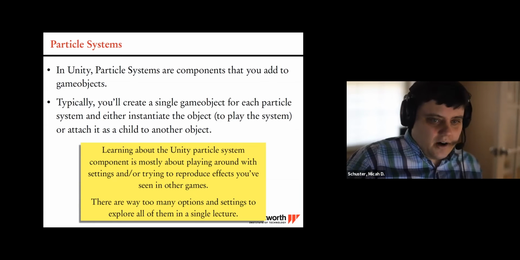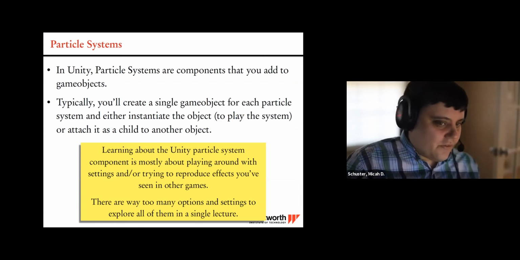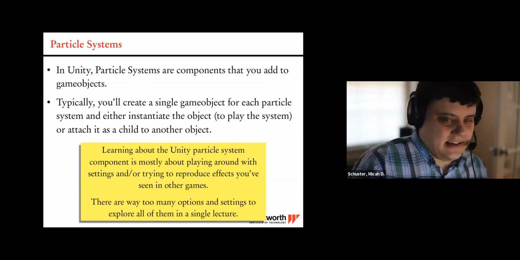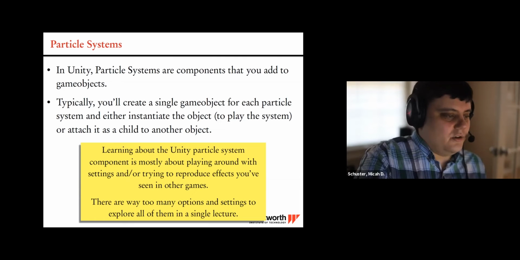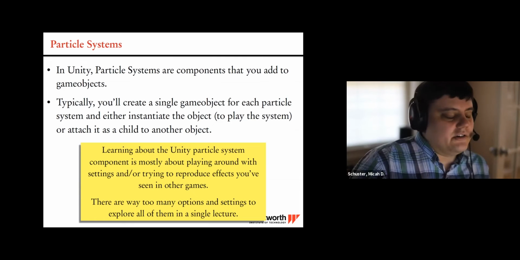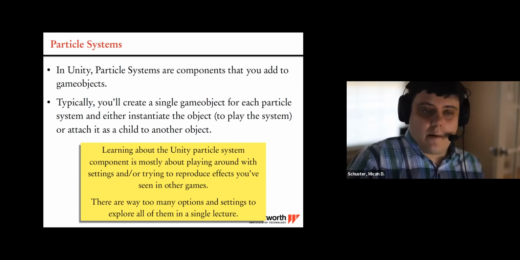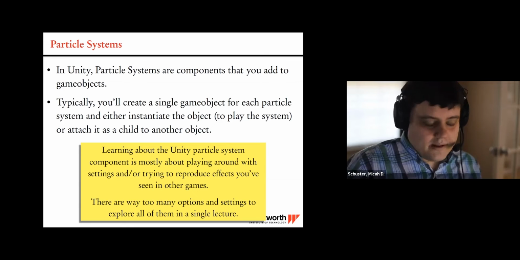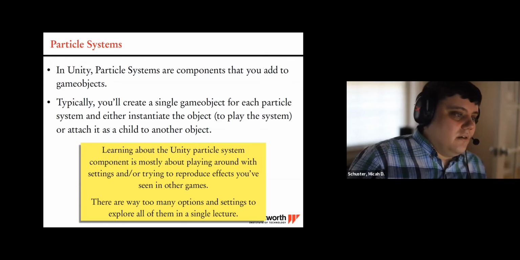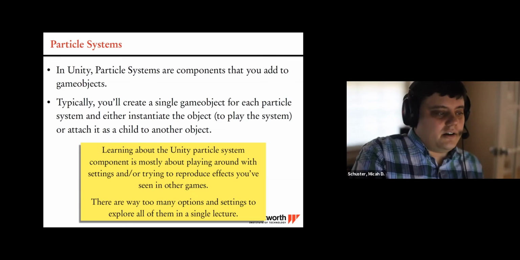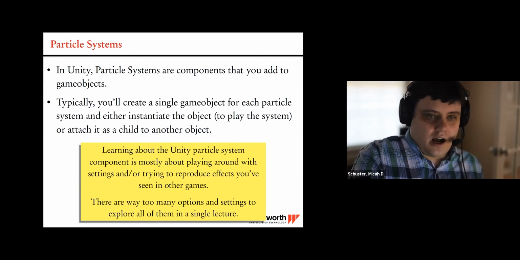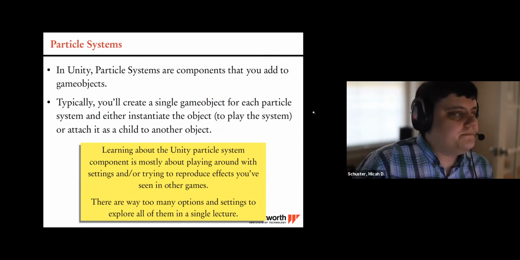And for the most part, some of them you're not going to use very often, so it's not necessarily worth going over all of them unless you specifically need some set of effects or movement of your particles. So we're going to look at some of the common, more useful ones, and then we're really going to do two things. We're going to do a very basic particle system and then a more complicated one as well today.